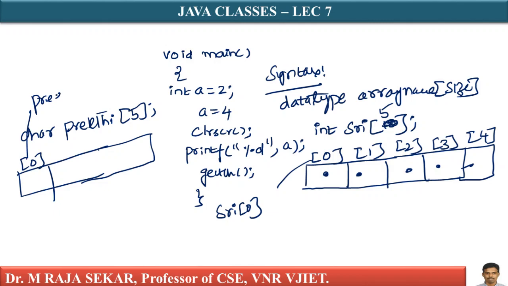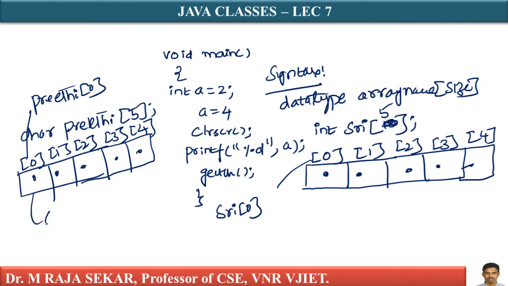In a similar manner, this is Preeti of 1, Preeti of 2, Preeti of 3, and this is Preeti of 4, where I can store only characters. What is the reason? I am declaring this data type as char, whereas here I am declaring it as an integer. Therefore, I can store only integers there. This is about C language.